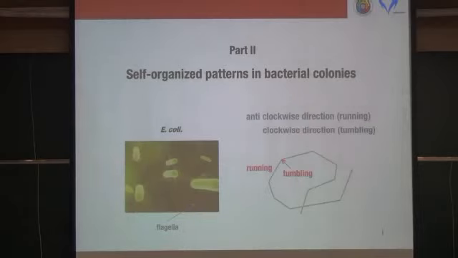One is just the flagella rotating in the anti-clockwise direction. Then they move like this, okay? And they change the direction from anti-clockwise to clockwise. This is tumbling. Tumbling means just changing the direction. Okay, and they use these two ways to move.